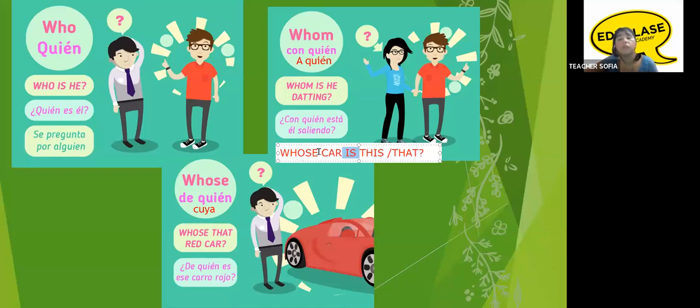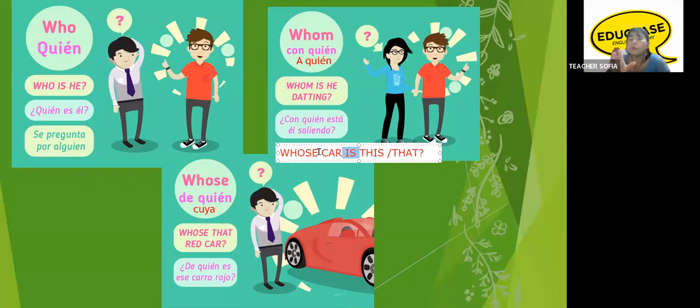So another question can be, whose report is this? The WH word is always at the beginning, and then the object, right? Car, report, cell phone, computer. So that's the way that we can think in English.